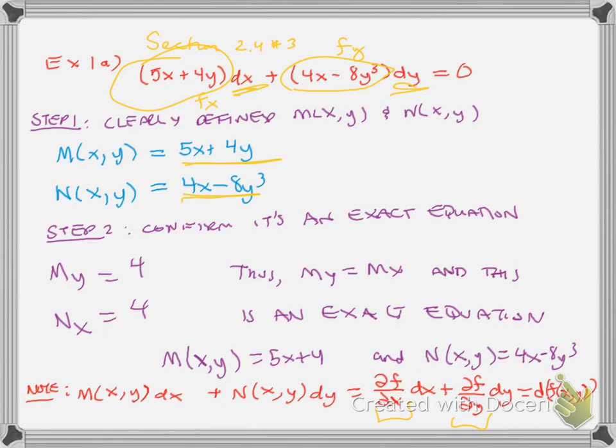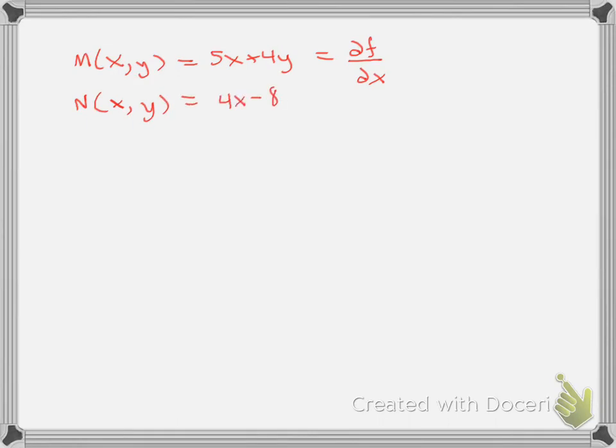So in other words, M(x,y), which in our case is 5x + 4y, equals the partial derivative with respect to x, and N(x,y), 4x - 8y^3, is the partial derivative with respect to y.